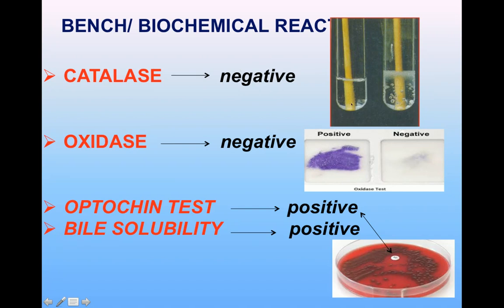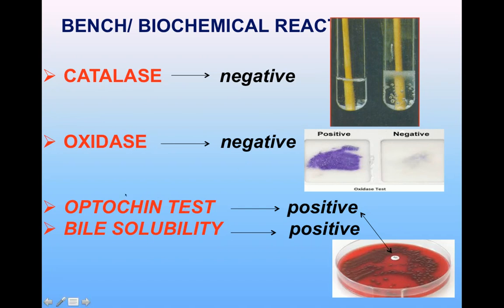Because this organism is not producing catalase, it is not going to break down hydrogen peroxide and you won't see the bubbling. So this is a negative test which is seen with strep pneumoniae. Similarly, strep pneumoniae is oxidase negative, as a result of which you are not going to see any color once you smudge these colonies on the oxidase reagent. I'm not going to go into details because you have already done this previously.